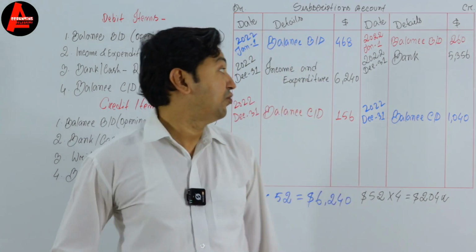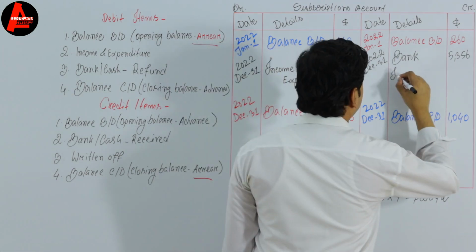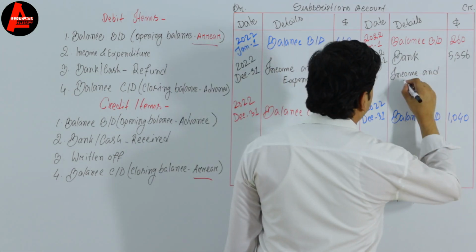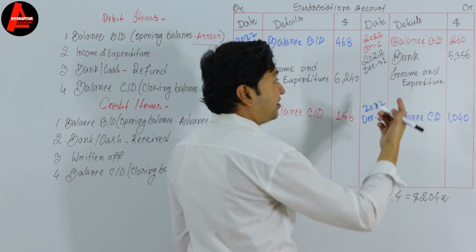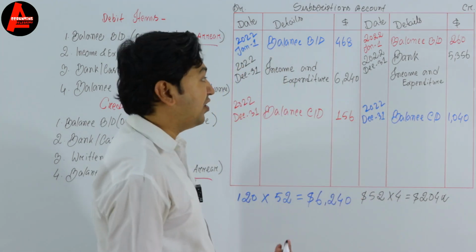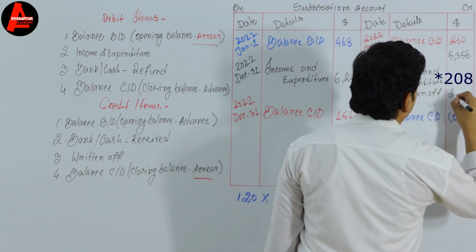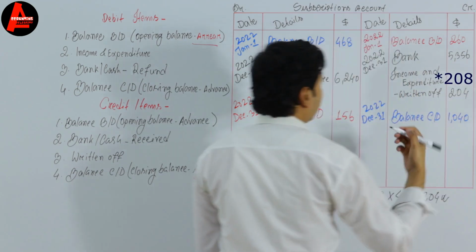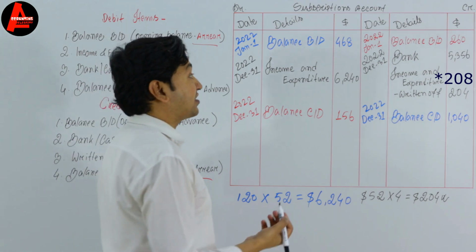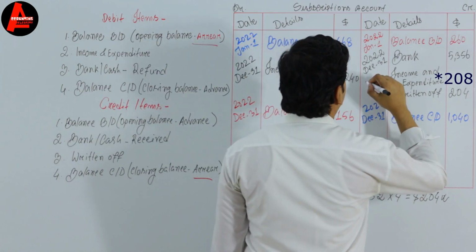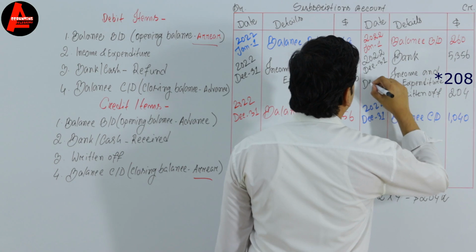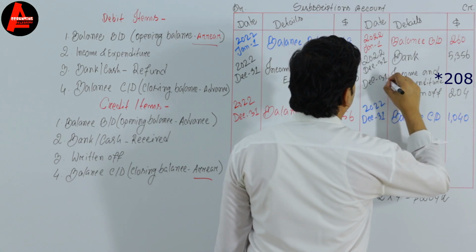We will write here income and expenditure account, and under it you can write written off. Here we calculated $204, and the date for this amount will be the same, 2022 December 31st.